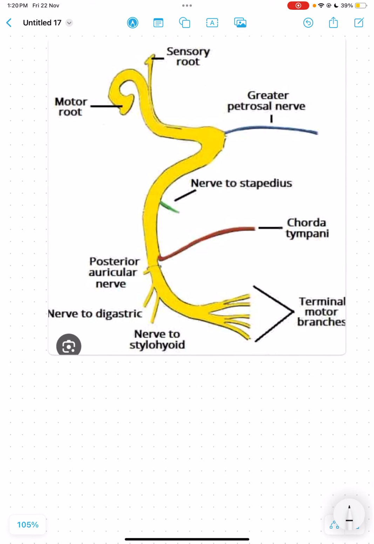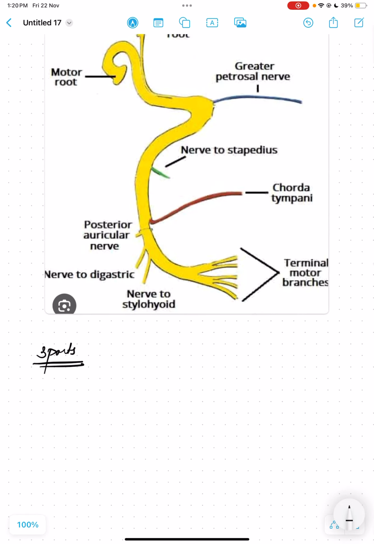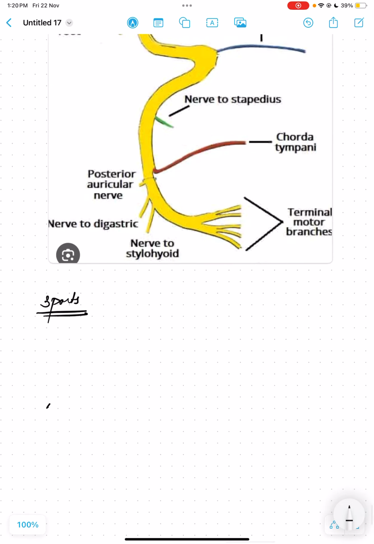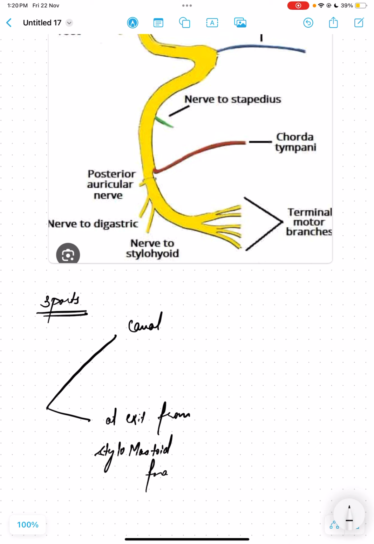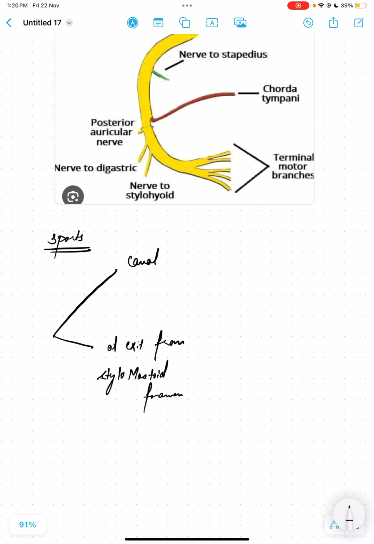Basically, the facial nerve has three parts. I'm mentioning them here. It involves the canal, the point when it exits from the stylomastoid foramen, and the point when it enters the parotid gland.